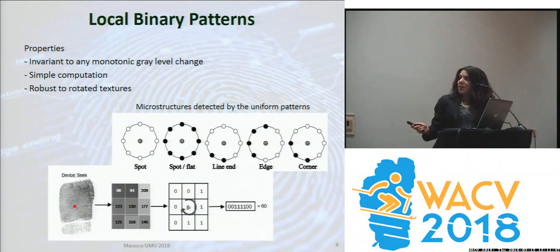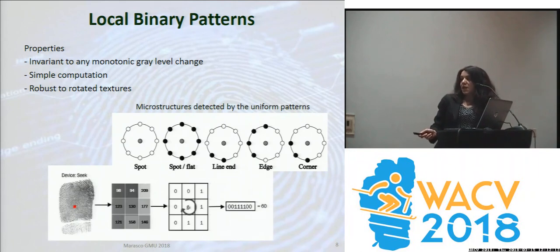evaluated the verification performance. Local binary pattern is a very well-known, powerful tool to analyze texture. It is robust to monotonic gray level changes, simple to compute, and robust to rotated features. We have an example where we apply it to a fingerprint image. The window of analysis is divided into cells.